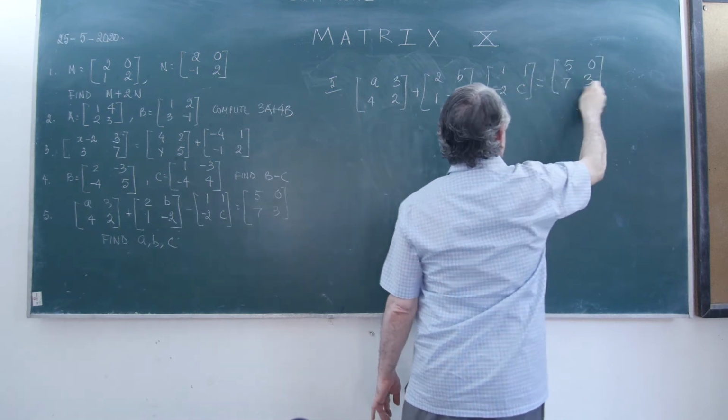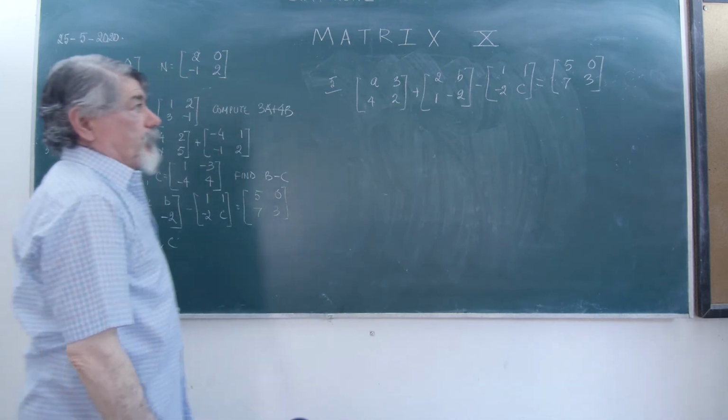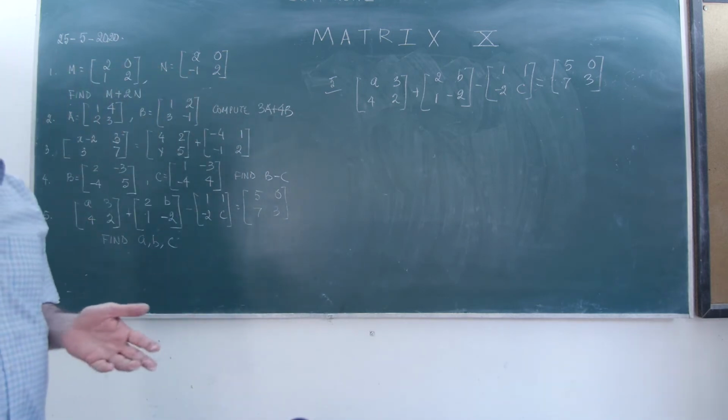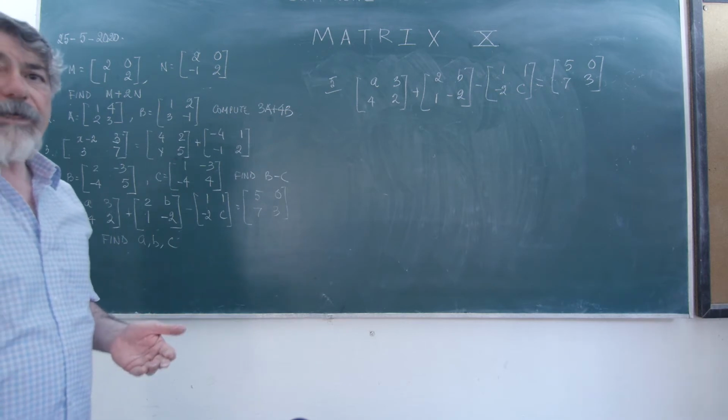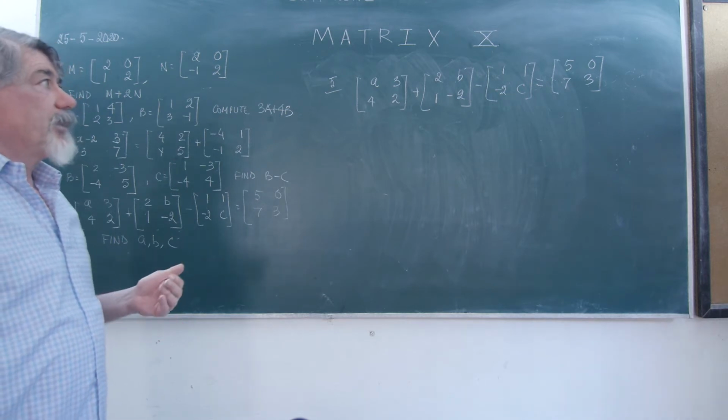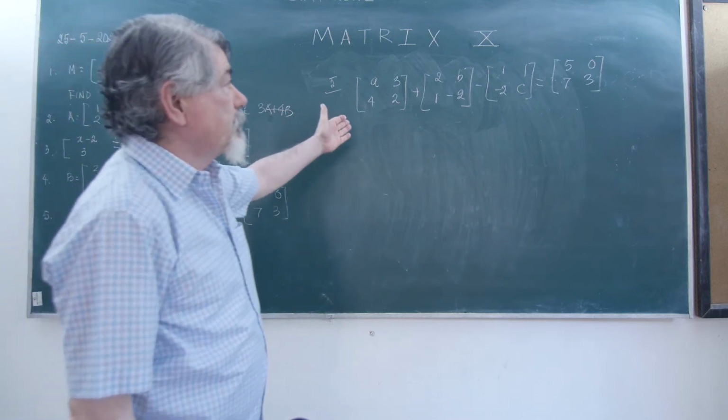It is a matrix equation, because whenever there is a left hand side and right hand side, it is a matrix equation. We want to find out the value of A, B and C, which are unknown in this. Well, let us solve this.